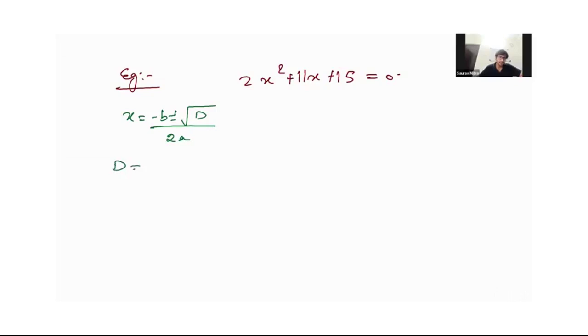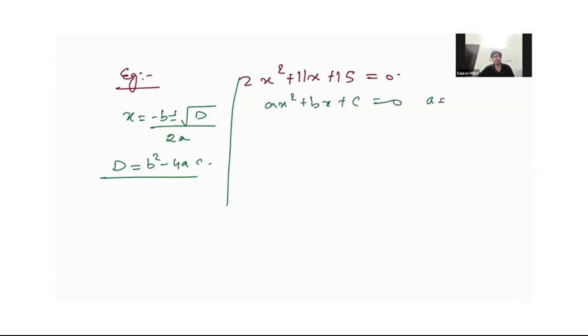And D is b square minus 4ac. Now compare this with the standard form ax square plus bx plus c is equal to 0. You will get a as 2, b as 11 and c as 15.